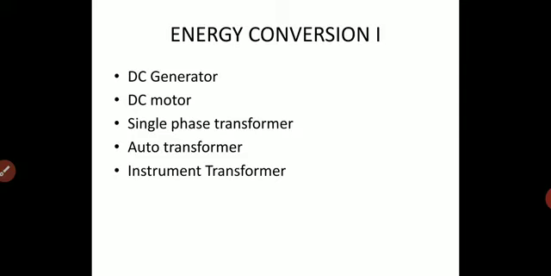If you compare these two parts, you see that all DC machines and AC machines, that is DC generator, motor, transformer, synchronous machine, induction machine, all work on a single principle called Faraday's laws of electromagnetic induction.